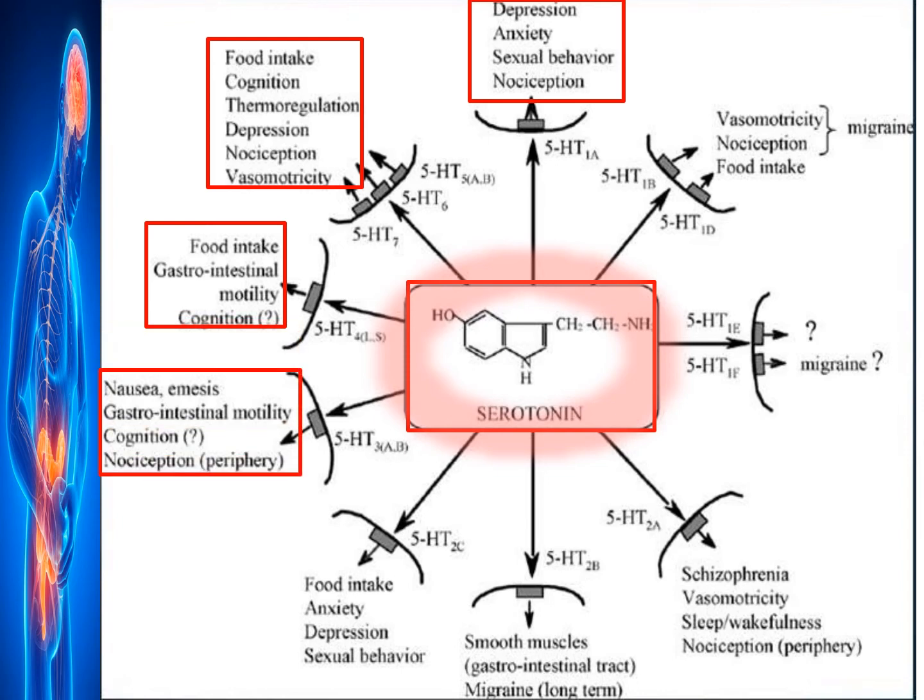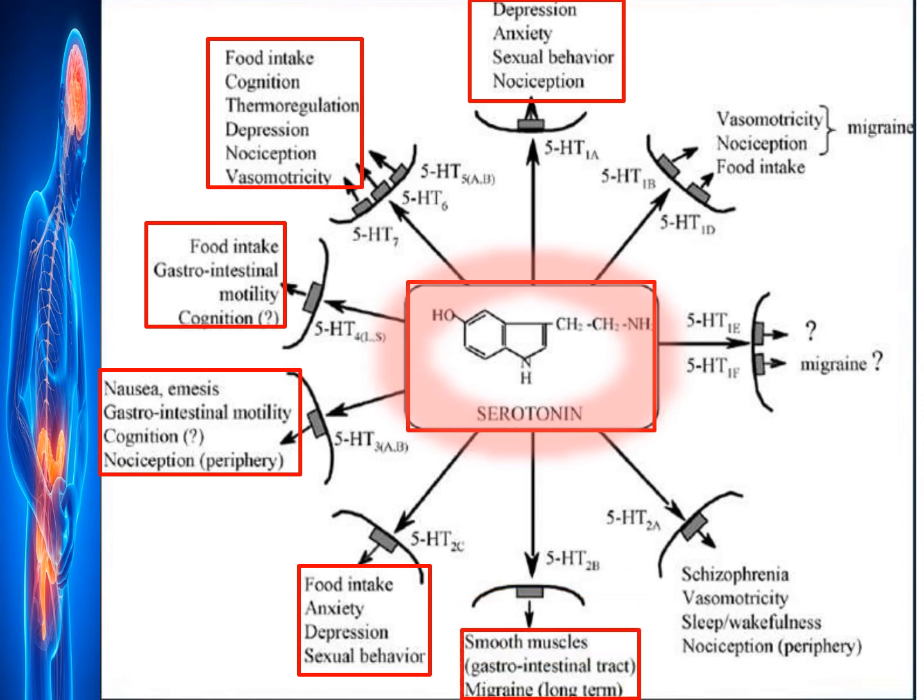Then, through the 5-HT3A and B, it is responsible for nausea, emesis, gastrointestinal motility, and nociception, whereas the nociception is at the periphery level. Then through the 5-HT2C receptor, it is responsible for food intake, anxiety, depression, and sexual behavior.